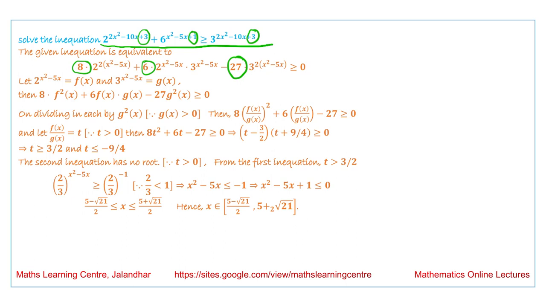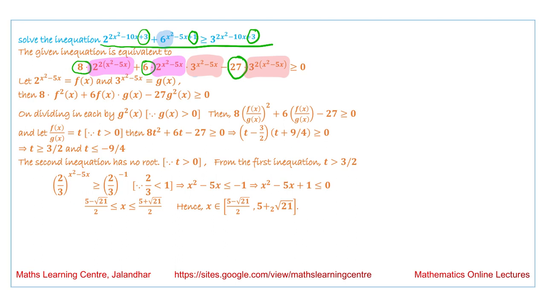Now look at the terms over here. This value 6 we are writing as 2 into 3. So we have the terms in the form: this is 2 raised to the power 2 times (x square minus 5x), this is 2 raised to the power x square minus 5x, this is 3 raised to the power x square minus 5x, this is 3 raised to the power 2 into (x square minus 5x).